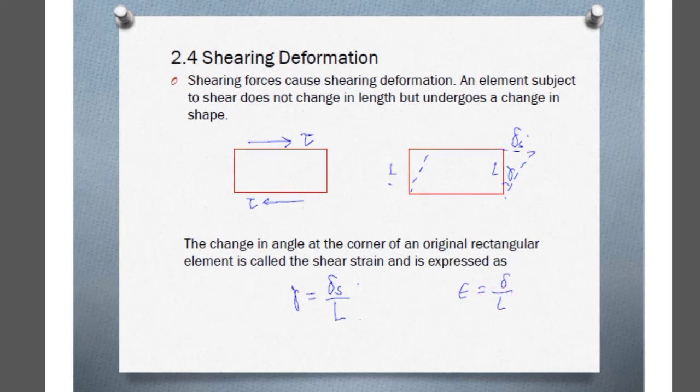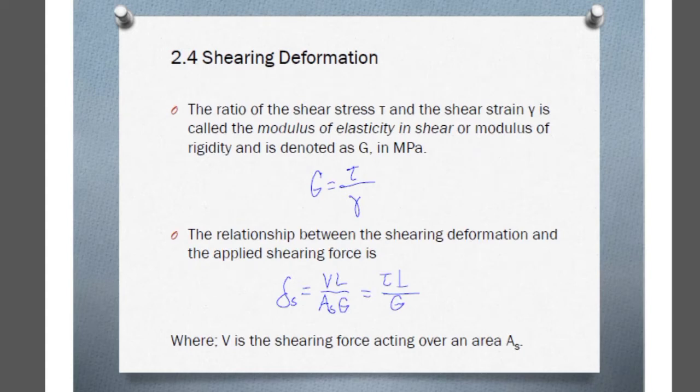over the original length. The ratio of the shear stress and the shear strain is called the modulus of elasticity in shear, or tinatawag nating modulus of rigidity, and it is denoted as G. So if we are going to relate this from the definition, the modulus of elasticity is equal to the axial stress over the strain.